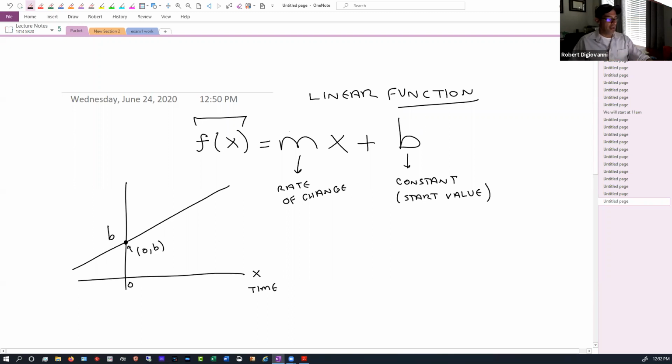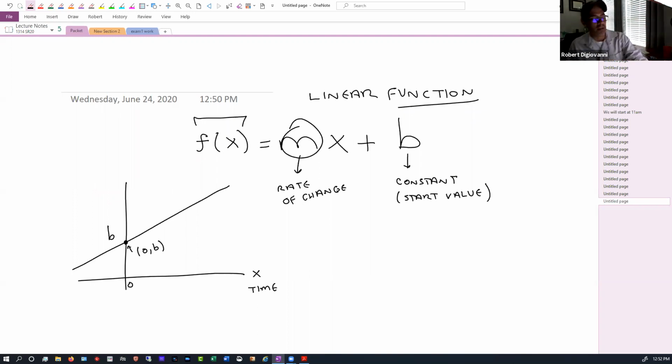And then the m is going to tell you how much whatever quantity you're measuring is going up or down. And m could be negative, so you could go down, right? Positive slope goes up, negative goes down, but that's always going to be your rate of change.